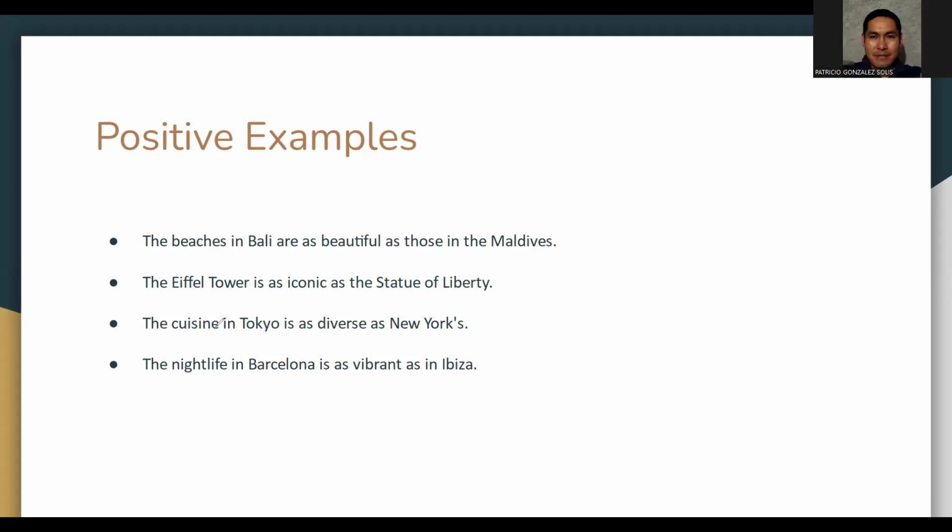Similar things, similar qualities, characteristics, or features. For example, the Eiffel Tower is as iconic as the Statue of Liberty. Right. Thank you, teacher. Because in this case, no differences. We have positive examples.